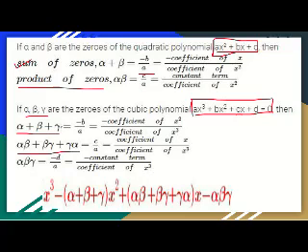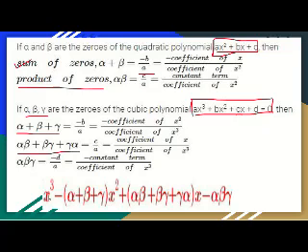Based upon this, how might they ask you the problem as a 1 mark question? They might give you the sums of the roots and the product of the roots and ask you to form a cubic polynomial, or they can give you the cubic polynomial and ask you to find either the sum of the roots or the product of the roots.